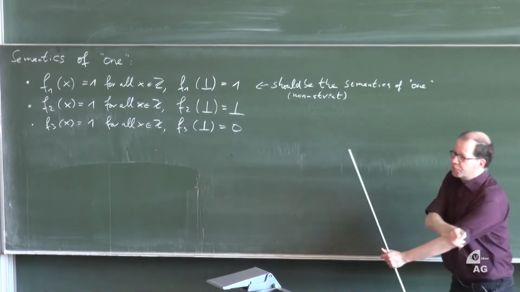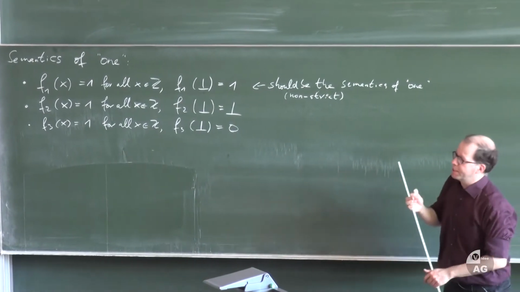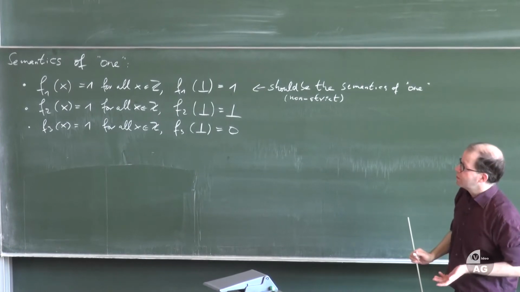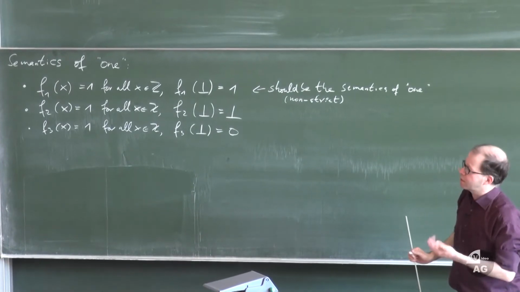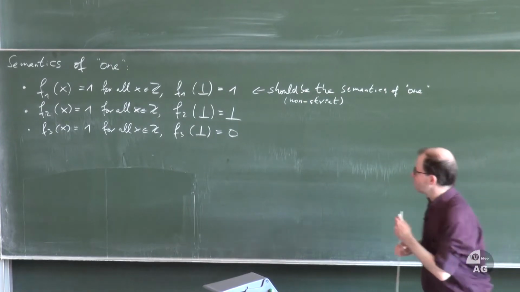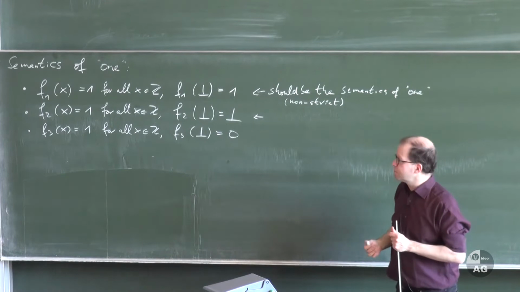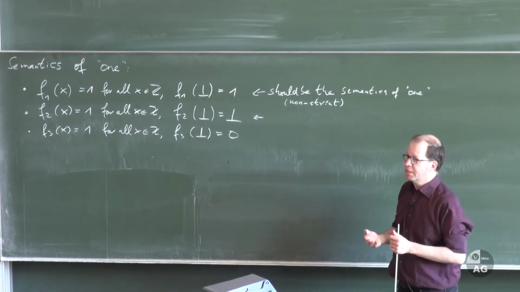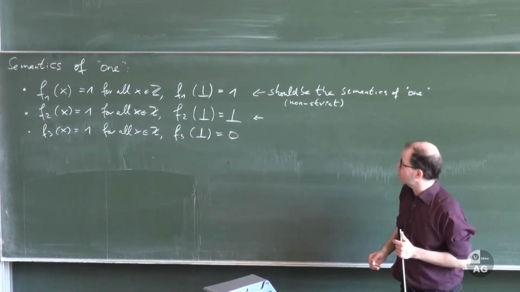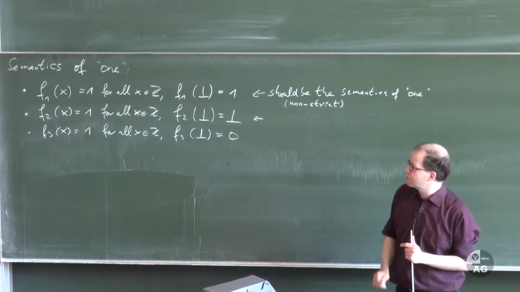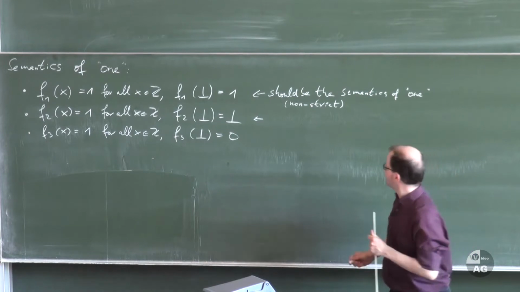But in fact, if we had a different programming language, if this were not Haskell, but a different functional language like ML or Lisp, or if this were an imperative language like Java or C, then we would guess that this is the right semantics. So this is also a sensible function. This is a function which is strict, which returns undefined as soon as an argument is undefined. And if we had a programming language with innermost evaluation, then this would have been our choice.